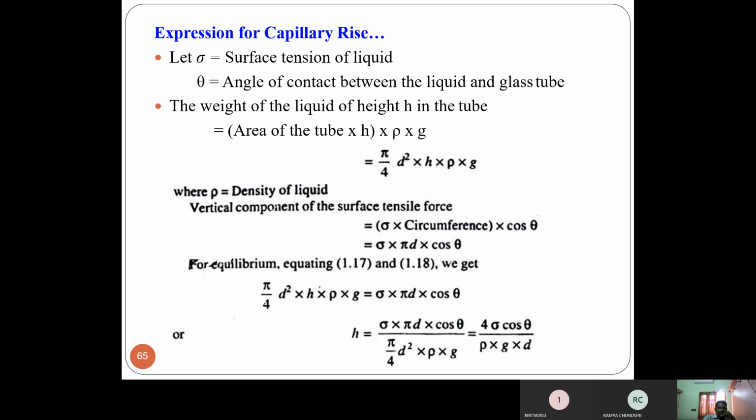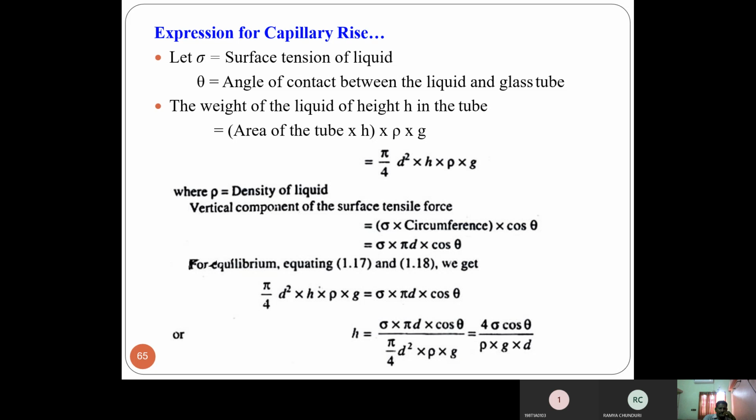So what is the area of the tube? Pi by 4 d square. h as usual, rho g as usual. The weight of the liquid of height h in the tube is pi by 4 d square h rho g, where rho is the density of the liquid.